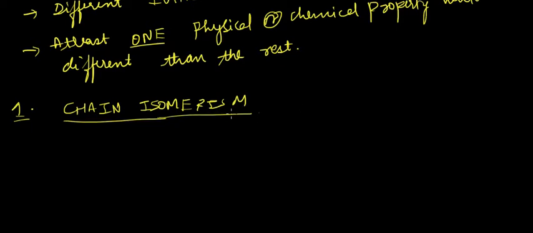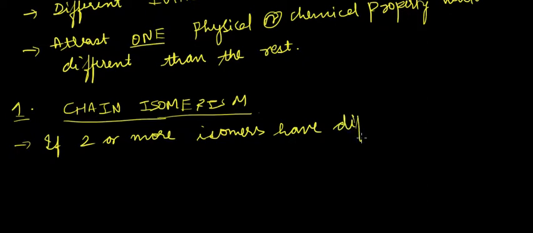If two or more isomers have different parent carbon chain, then they are known as chain isomers.